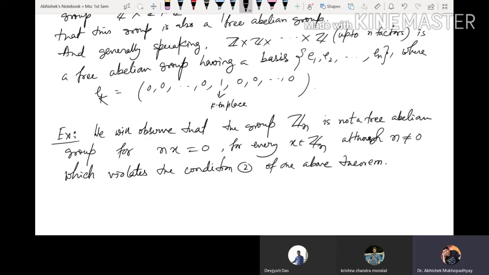And this says that you cannot find any basis in Zn.